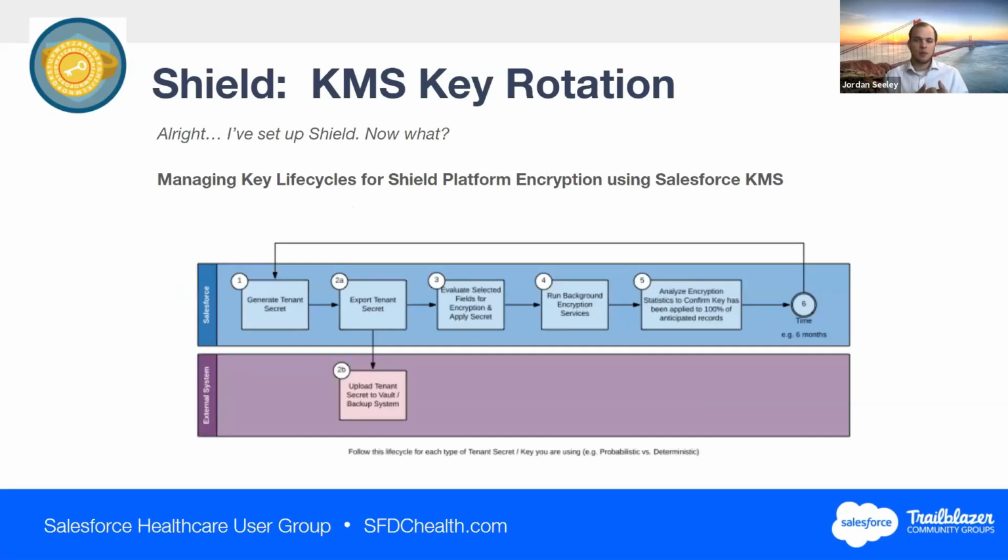Again, you'll select the encryption scheme that you want to use, whether that's probabilistic, deterministic, case insensitive, case sensitive. And then generally speaking, the next step, which I always recommend, and which is going to answer Karen's question, is exporting that tenant secret. After that key is generated within Salesforce, I would recommend exporting that tenant secret, keeping it someplace safe outside of Salesforce so that you have a backup in case a tenant secret gets destroyed.